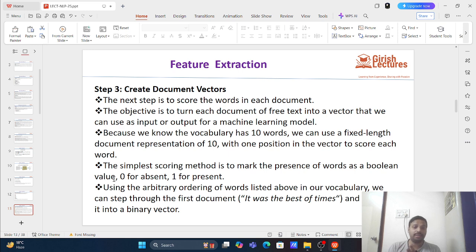Now, let's consider the document vectors. As we have considered the 4 different documents and identified the vocabulary of words, we can now create the vector of data.